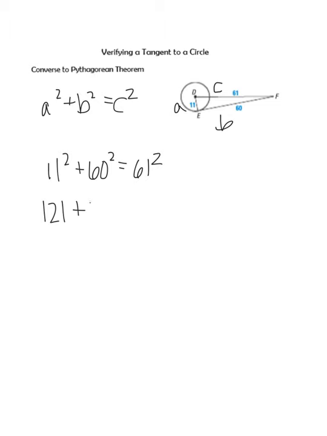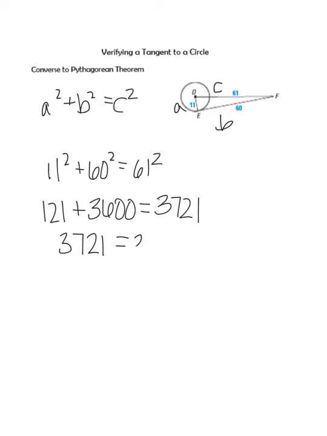is 3,600, and 61 squared is 3,721. Now what we have to do is just make sure that the left side equals the right side, so 121 plus 3,600 is 3,721, and that is in fact equal to 3,721.